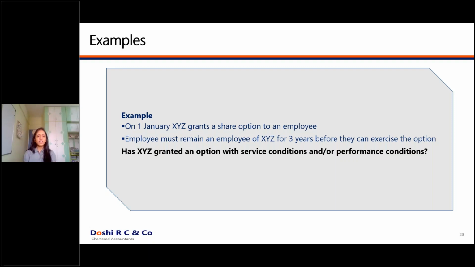If it was said in this case that the employee has to achieve an earnings per share of minimum 10 in each year, only then the option will vest to that employee, in such cases it is a performance condition. Now, it is upon the performance of the employee how the option is getting vested to that particular employee. So, you have to decide whether it is a service condition or a performance condition.